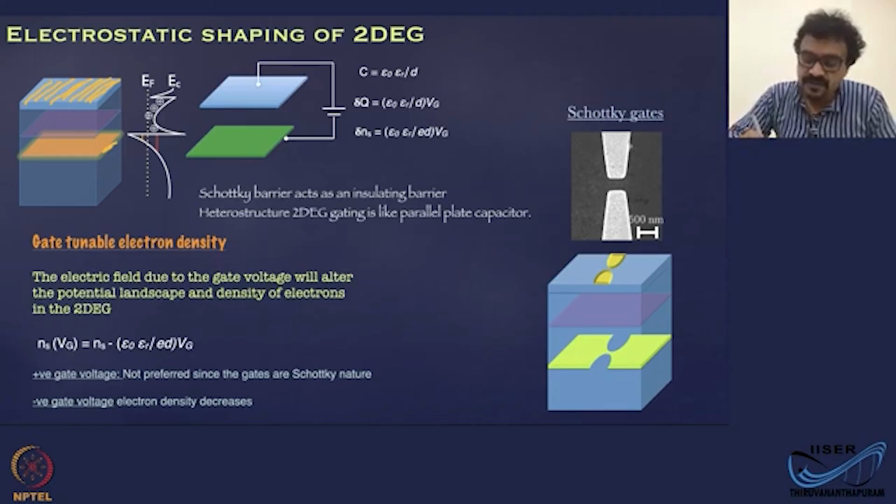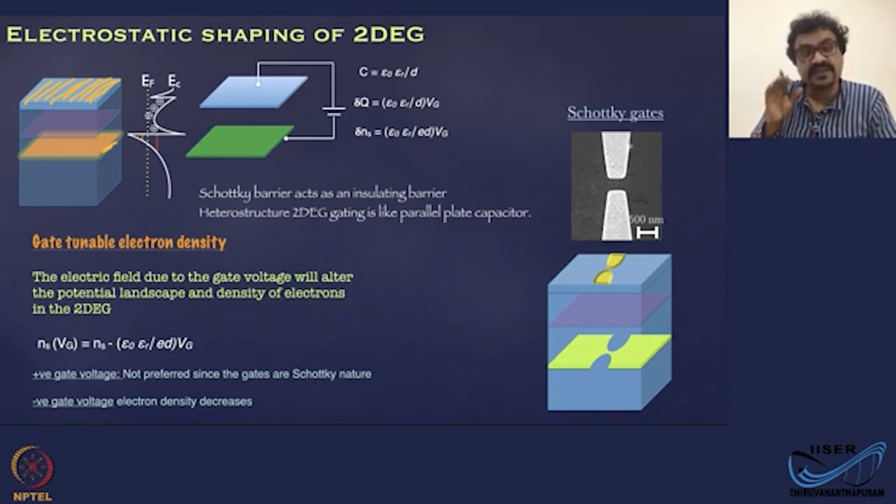So whatever voltage you apply on this top plate with respect to the electron gas can change the carrier concentration, which is delta ns, which I have written here as the change in carrier concentration, proportional to this gate voltage.